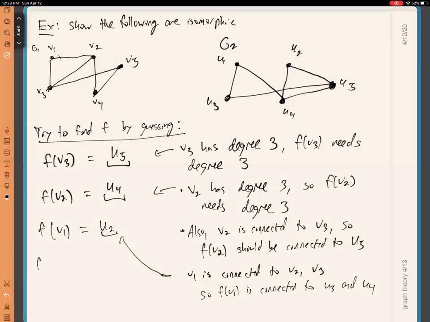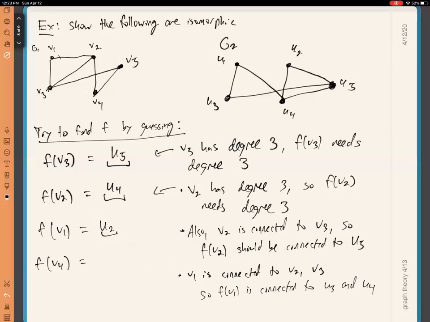Okay, and finally, we have to assign values to v4 and v5. Continuing along this process, at this point there's only a few things you can really do, because the choices we've made already very strongly restrict what we can do.